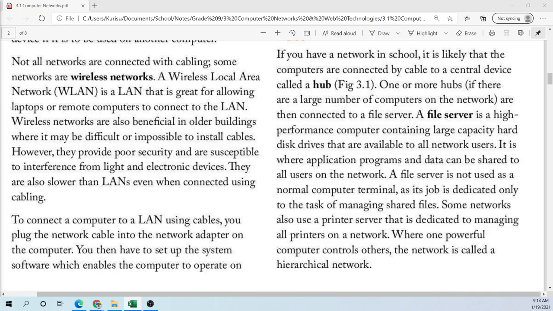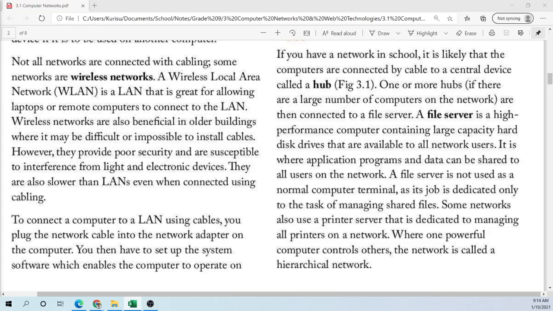It is where application programs and data can be shared to all users on the network. A file server is not used as a normal computer terminal, as its job is dedicated only to the task of managing shared files. Some networks also use a printer server that is dedicated to managing all printers on a network, where one powerful computer controls others.